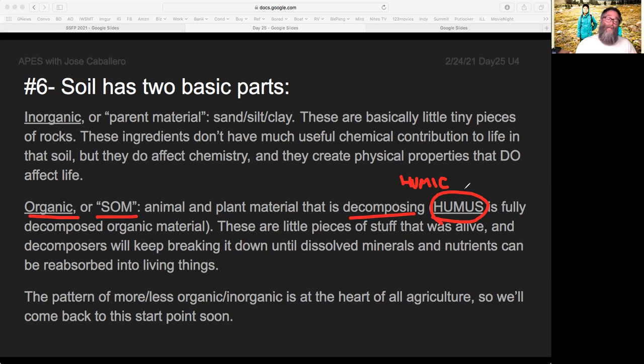So desertification is the loss of organic material. If you have really good dirt, 50-50 organic, inorganic, and you start to grow corn, cut down the corn, grow more corn, cut down the corn, grow more corn. Eventually, you'll just use up all the organic material and you're left with sand.